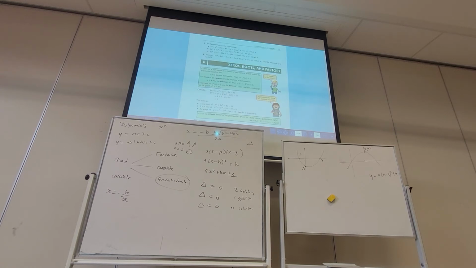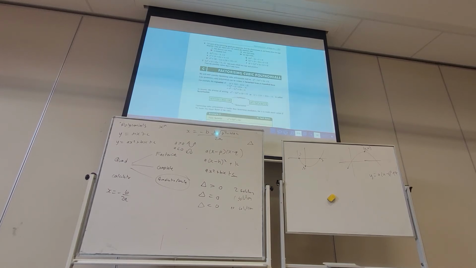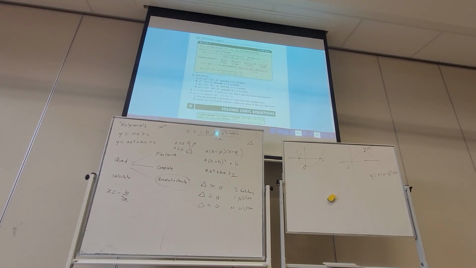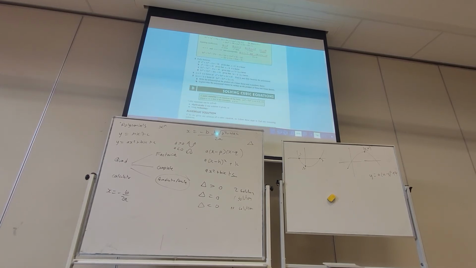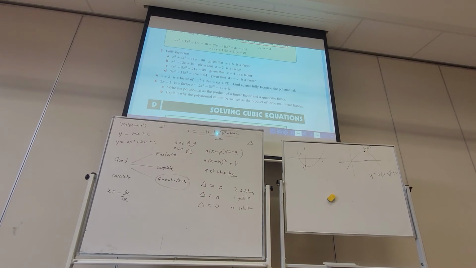Okay, next page. So I encouraged people if they had extra time to do some more of this, but we didn't do all of it. We did some of 4a.2, and we did some of 4c here as well. If x plus 5 is a factor, okay, it means x plus 5 times by some general quadratic, ax squared plus bx plus c, will give you that cubic there.